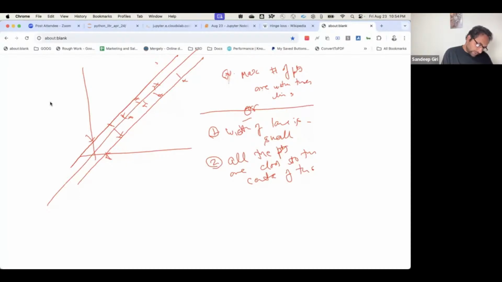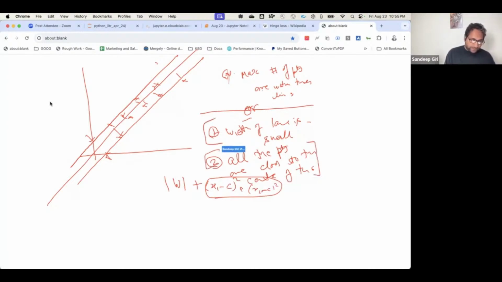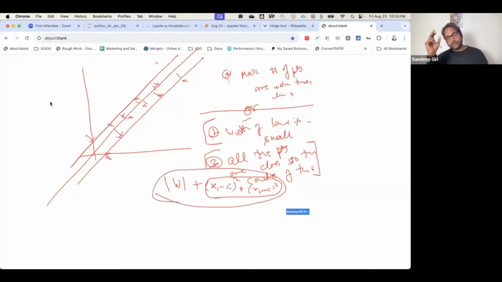So if W is the width of the lane, we can say the absolute value of W, plus the distance x1 minus, let's say, center line, and that squared, some sort of this distance. I'll come back to that. We'll come up with the geometric formula for both of these and then add them. Now we combine the two errors together.